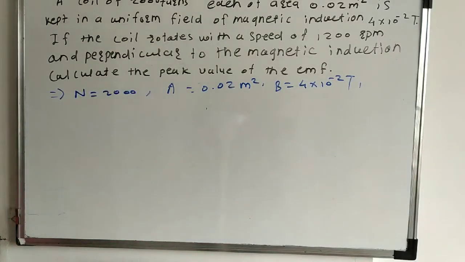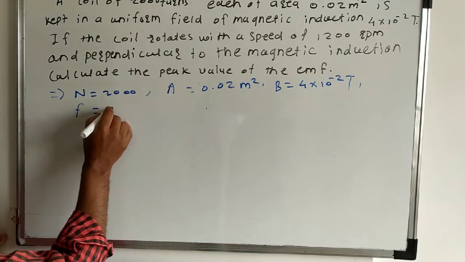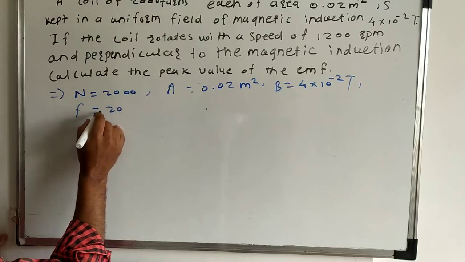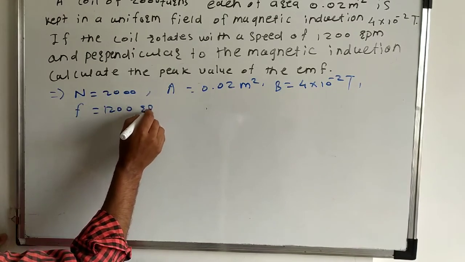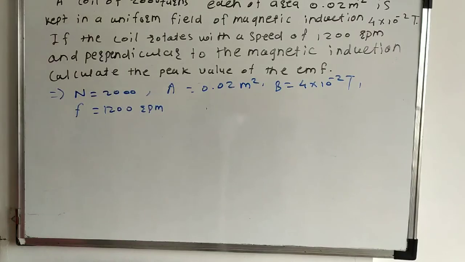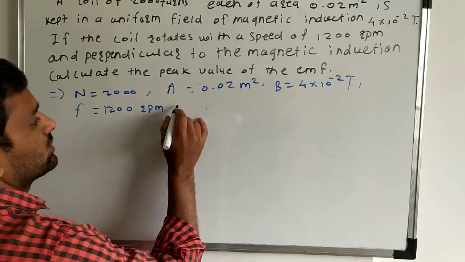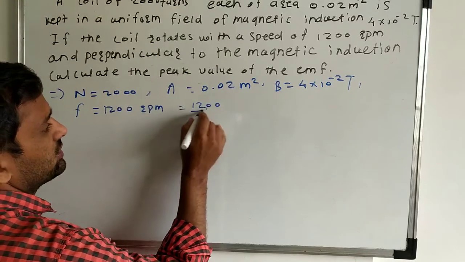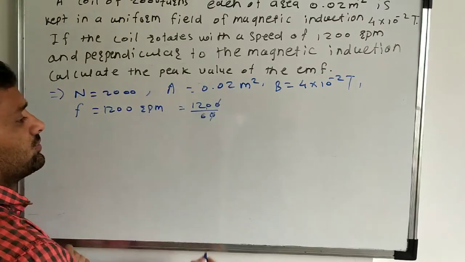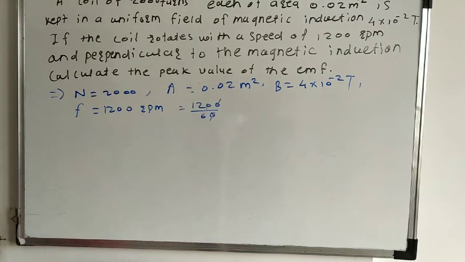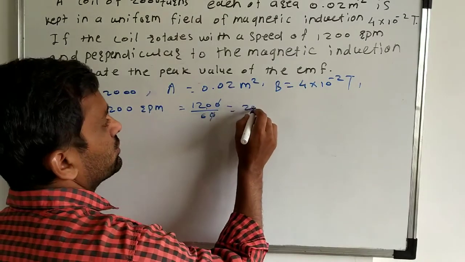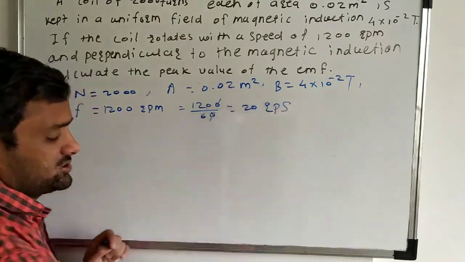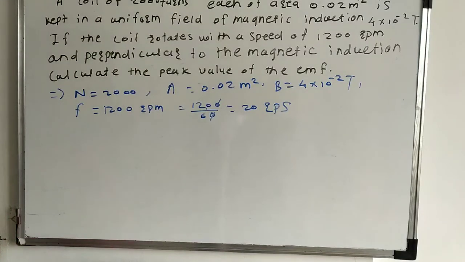The coil rotates with a frequency of 1200 rpm. How can one convert it into RPS? To convert it into RPS, divide the number by 60. So 20 RPS. The value of the frequency is 20 RPS.